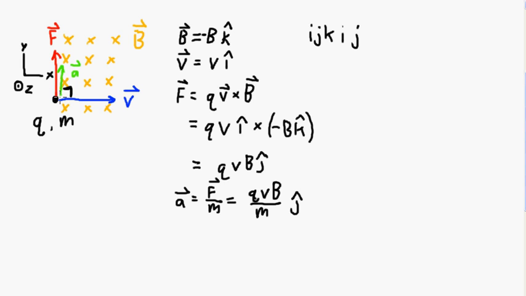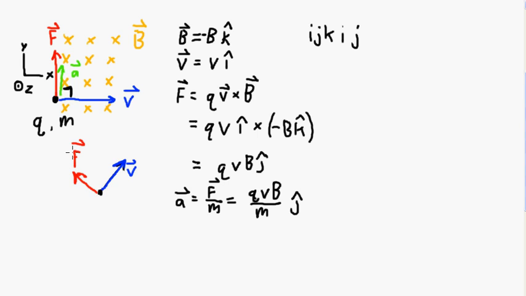It's going to accelerate upwards and turn upwards, but it's going to keep accelerating at a right angle to its velocity, because at some later time it might be here, going this way, but you'll still have the magnetic field going into the page. It's still going to want to go at right angles to the velocity. So if your velocity is like this, then your force and your acceleration will be like this.